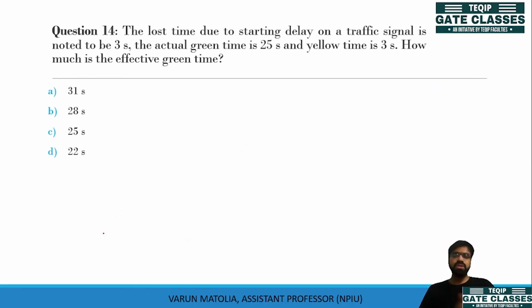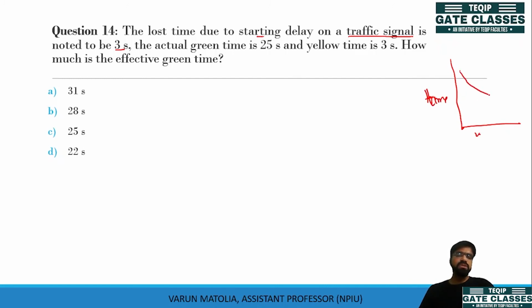We have question 14. This is from traffic signals. The question says the lost time due to starting delay on a traffic signal is noted as 3 seconds. We have read this curve, time per vehicle.